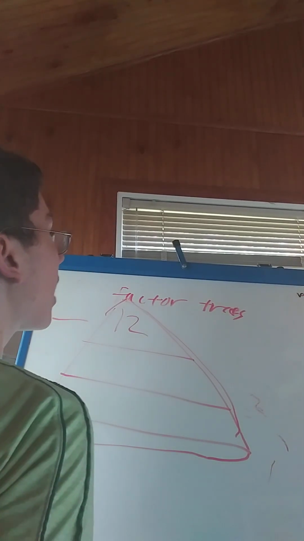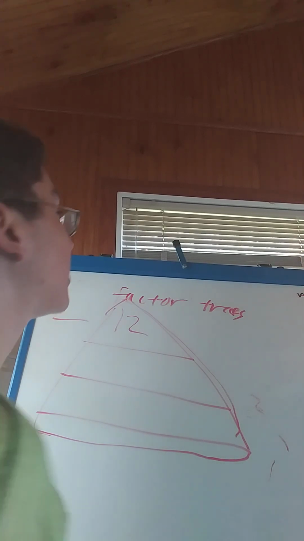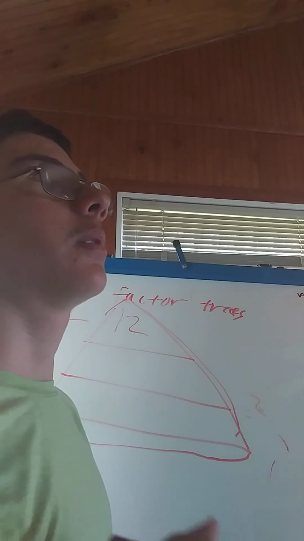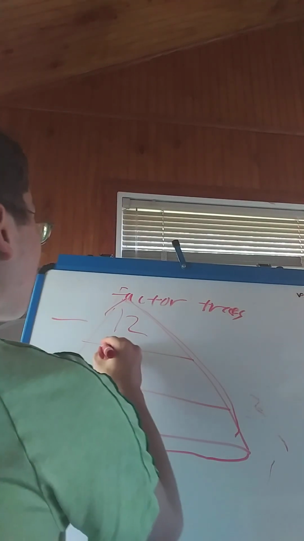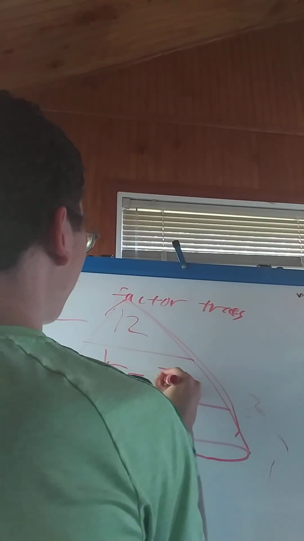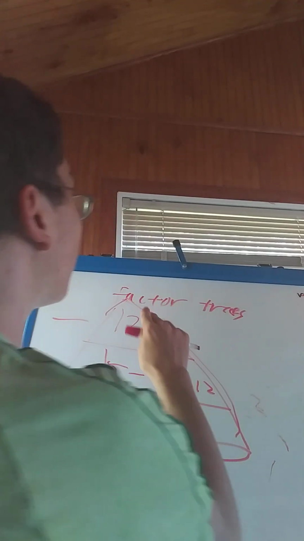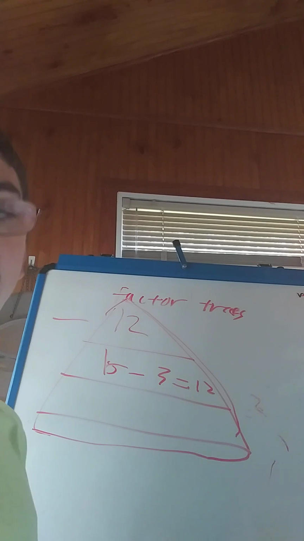So the first one that I would have in mind is 13 minus 1, but let's get creative. 15 minus 3. Very, very good. And that would equal 12. 15, 14, 13, 12. Wonderful.